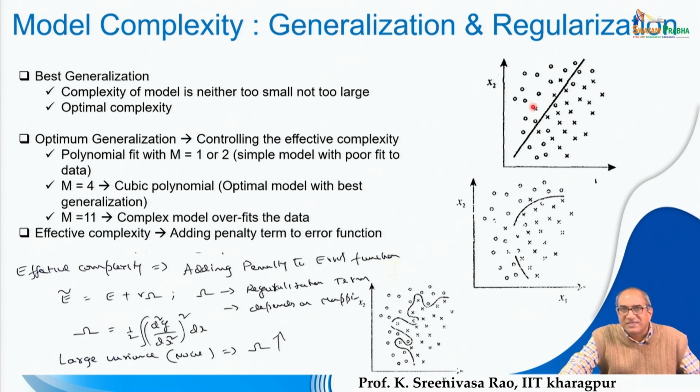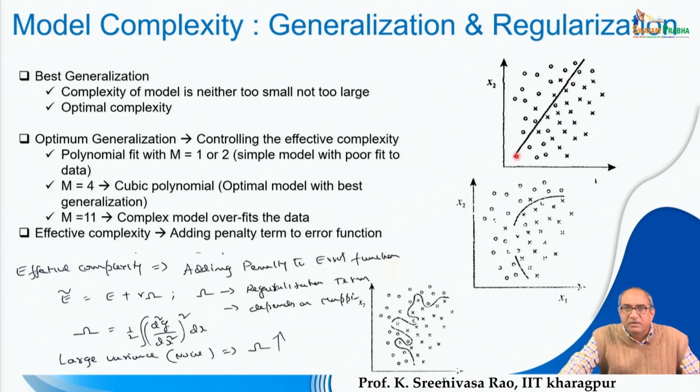In this example, the data points of the two classes, like crosses and circles, are such that even the linear function is good enough to capture the underlying behavior of the system between these two classes, right.